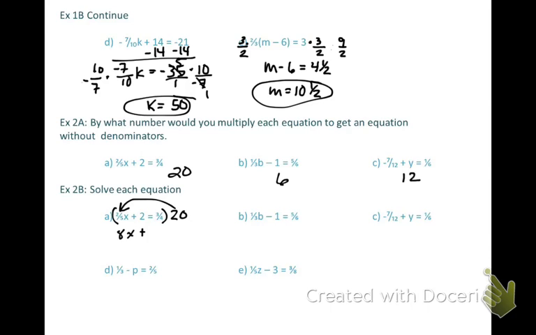Plus 20 times 2 is 40. Equals 4 goes into 20 five times. 5 times 3 is 15. Is that a plus or a minus? That's a plus sign. Sorry. And now you have a two-step equation. So I'm going to subtract 40. 8x equals a number.